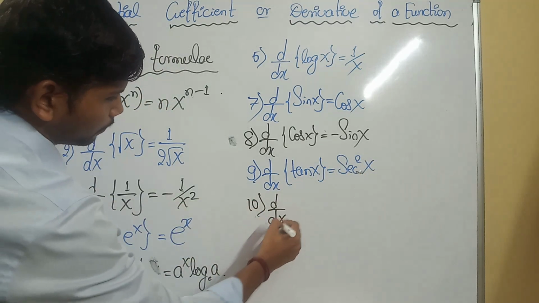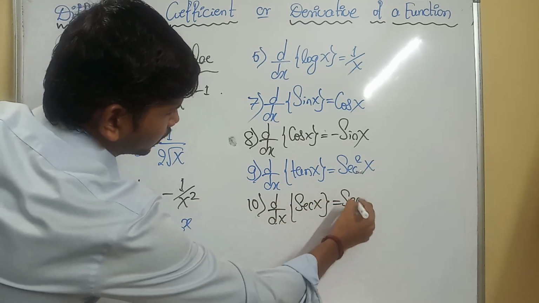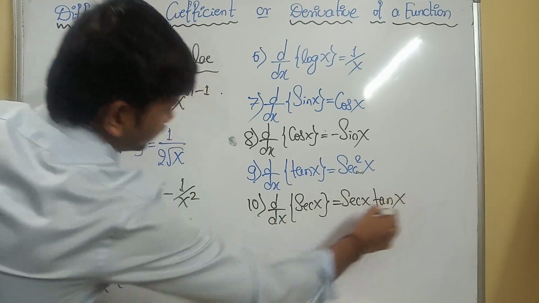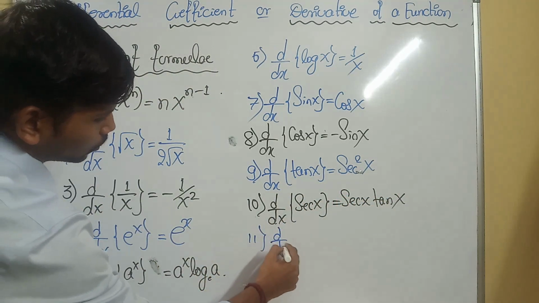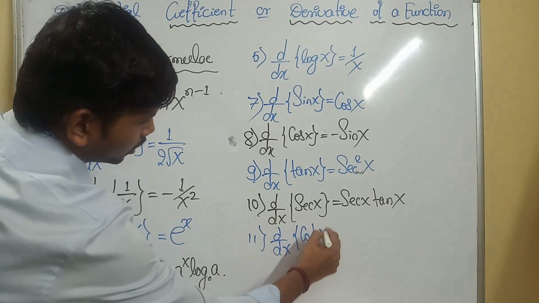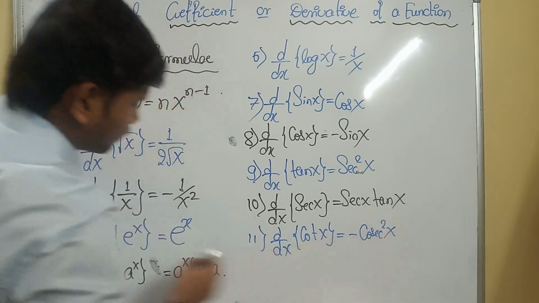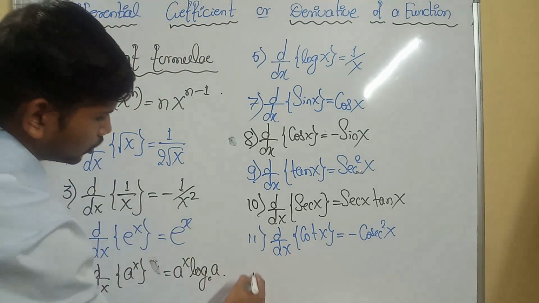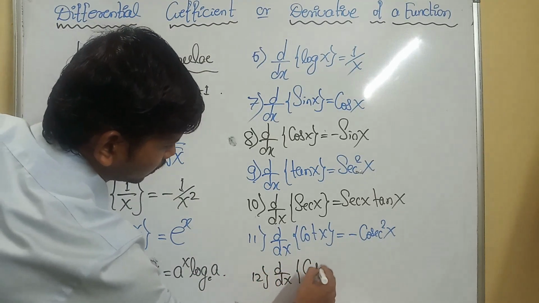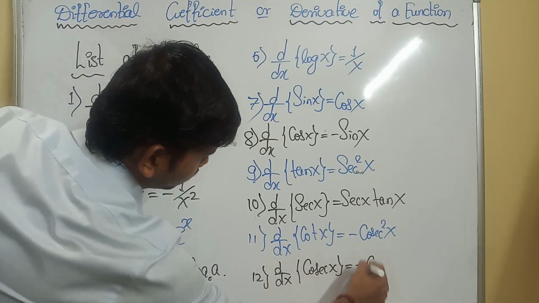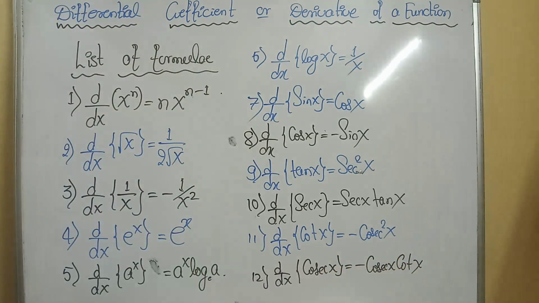Derivative of secant x will be secant x into tan x. Derivative of cot x will be minus cosecant square x. 12th one, d by dx of cosecant x is equal to minus cosecant x into cot x.